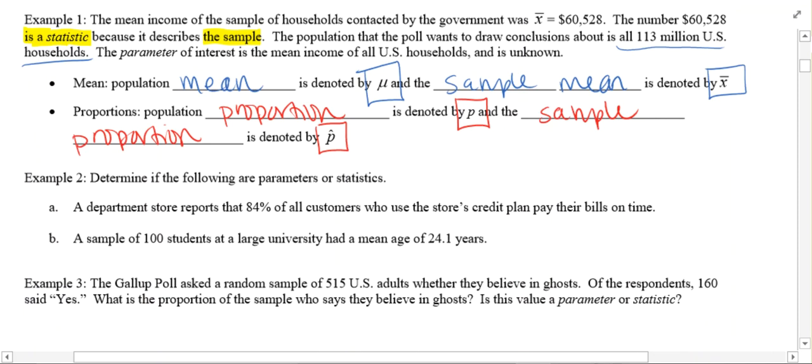All right, example 2: determine if the following are parameters or statistics, and we'll see how we can tell. For part A, a department store reports that 84% of all customers who use the store's credit plan pay their bills on time. Is that a parameter talking about a population or a statistic talking about a sample?